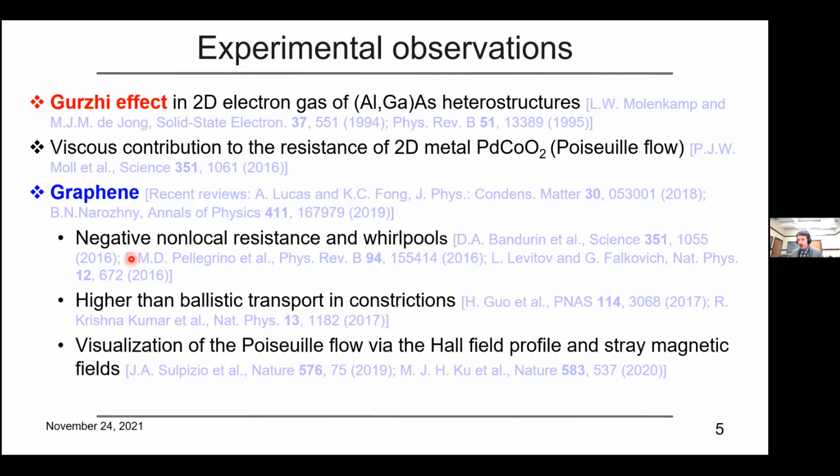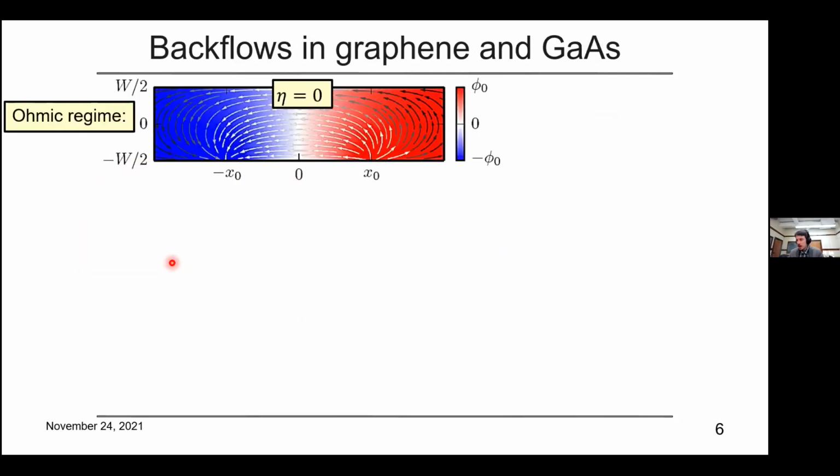To give some feeling of these experiments, let me briefly discuss this negative non-local resistance, what it is and how it can appear. So in the conventional ohmic regime, where we ignore, for example, the viscosity of our electron fluid, we can easily do this theoretically, just turn off the viscosity term. For example, we can take a disordered graphene ribbon of finite width and apply contacts at -x0 and +x0.